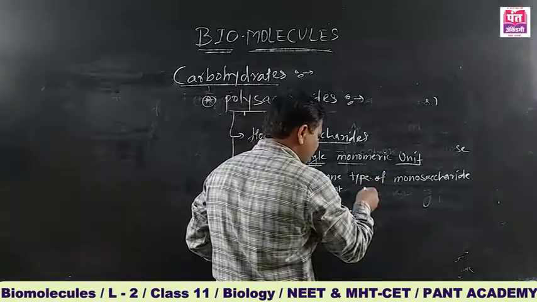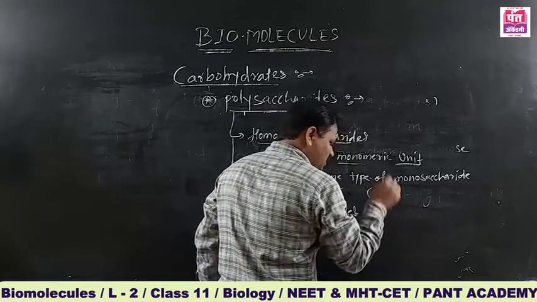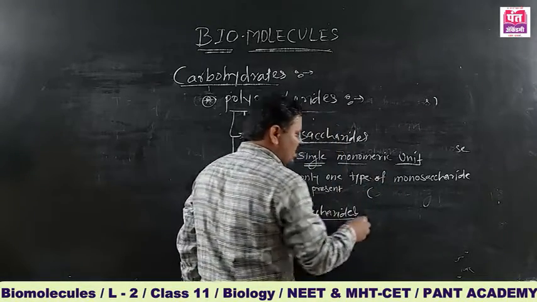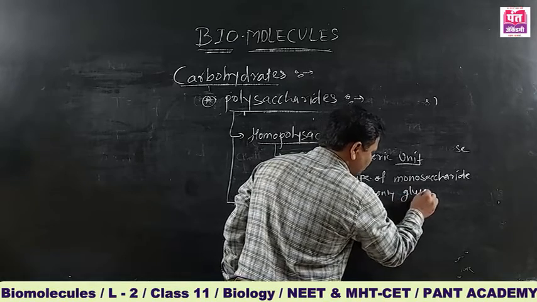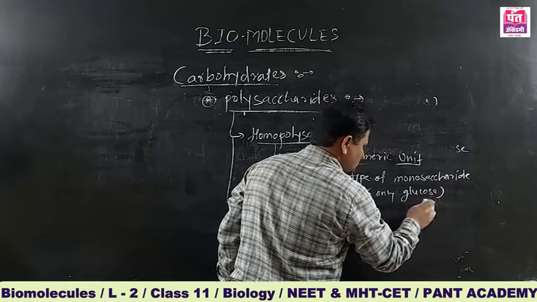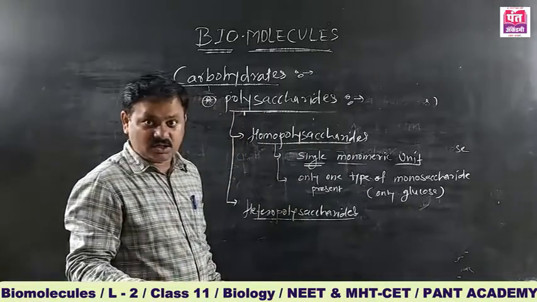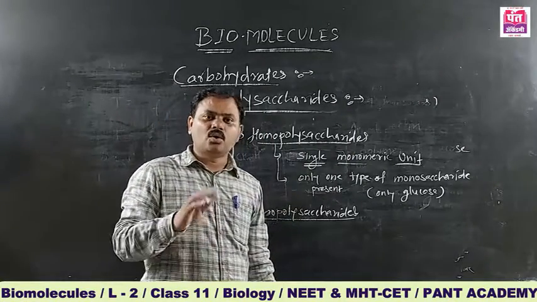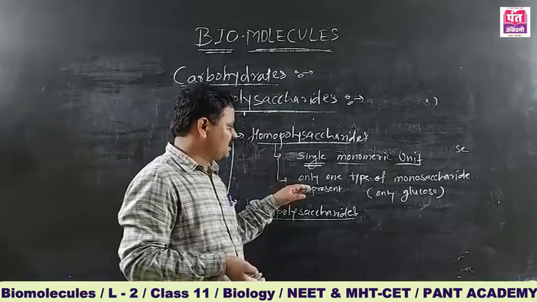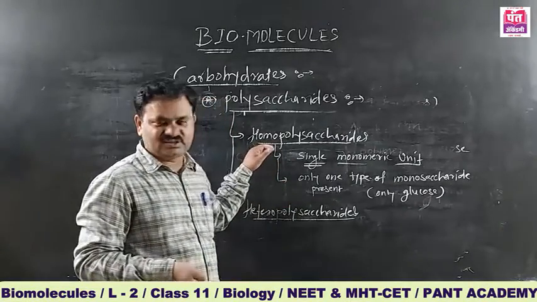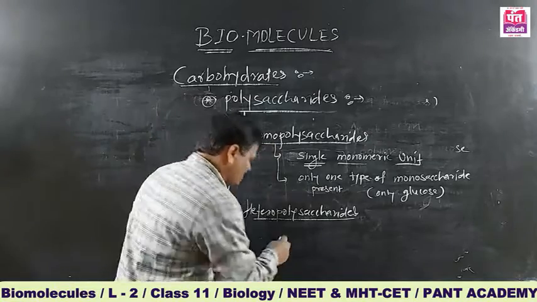Maybe all the monomeric units are only glucose, or only galactose, or only fructose, like this. Only one type of monomeric unit is present in the homopolysaccharide.